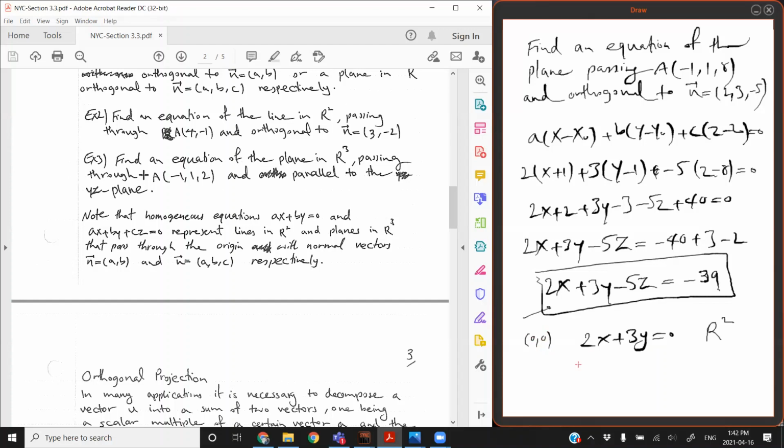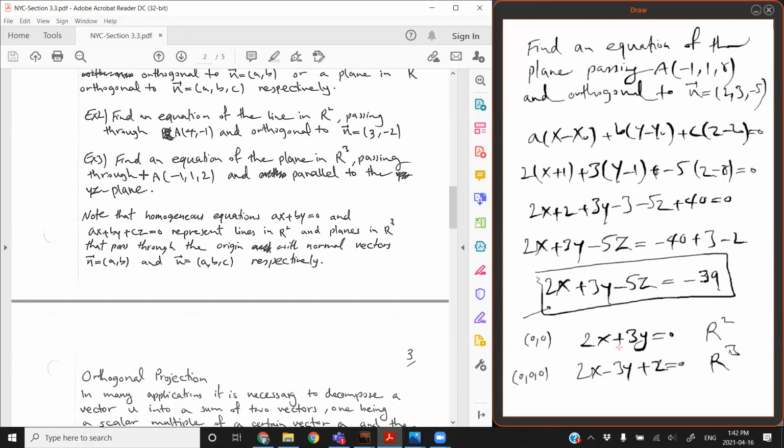Or if you have 2x minus 3y plus z is equal 0 from R3, a homogeneous linear equation, then that would be a plane that passes through the origin because the point 0, 0, 0 satisfies the equation.